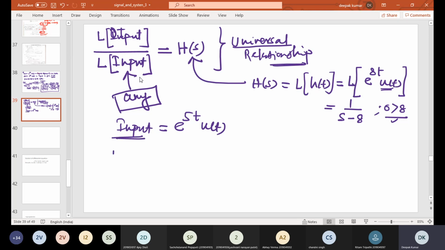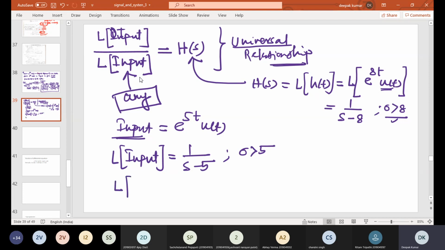Now here, what is the Laplace transform of this input? Laplace transform of input is equal to 1 by s minus 5, and ROC is sigma greater than 5. Now from the universal relationship that we have already derived, what will be the Laplace transform of output?